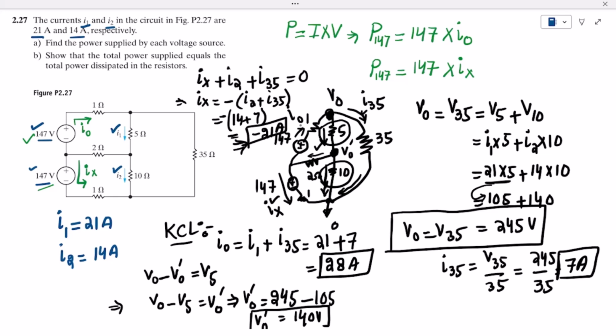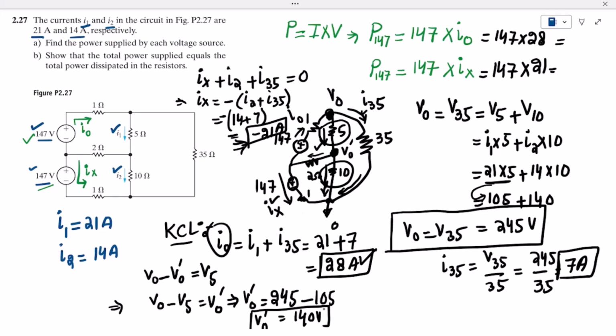So the two values, this is I0, which is 28 amperes, known. So 147 multiplied by 28, and then 147 multiplied by the magnitude of Ix, because this is the voltage supplying element, so the magnitude is 21. When we calculate it, we will get the desired values.